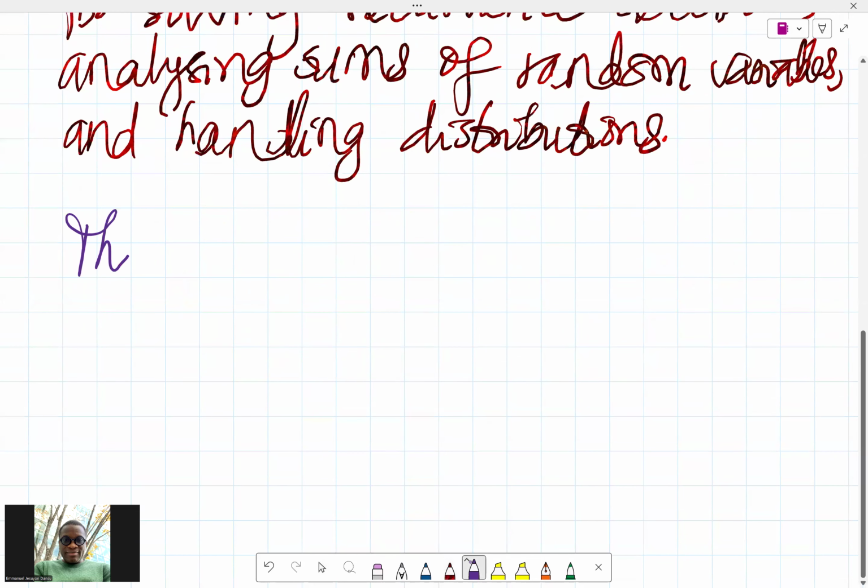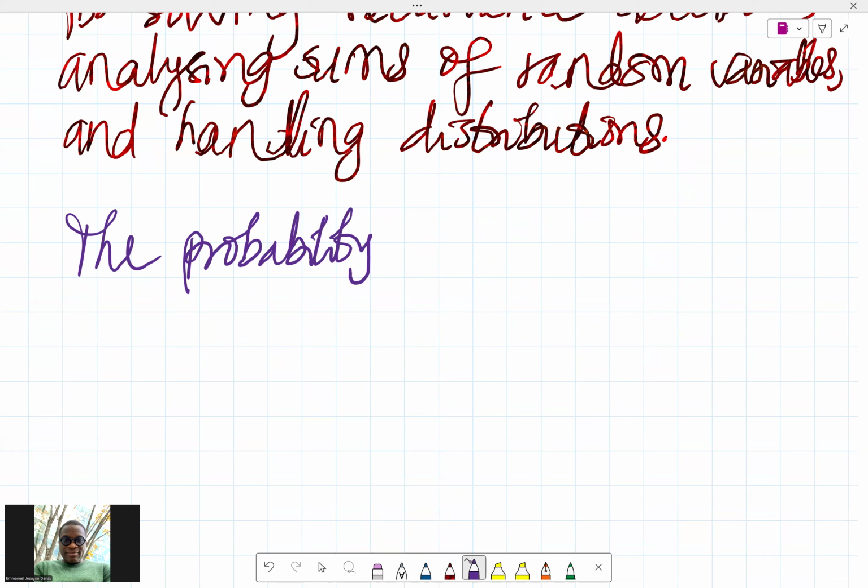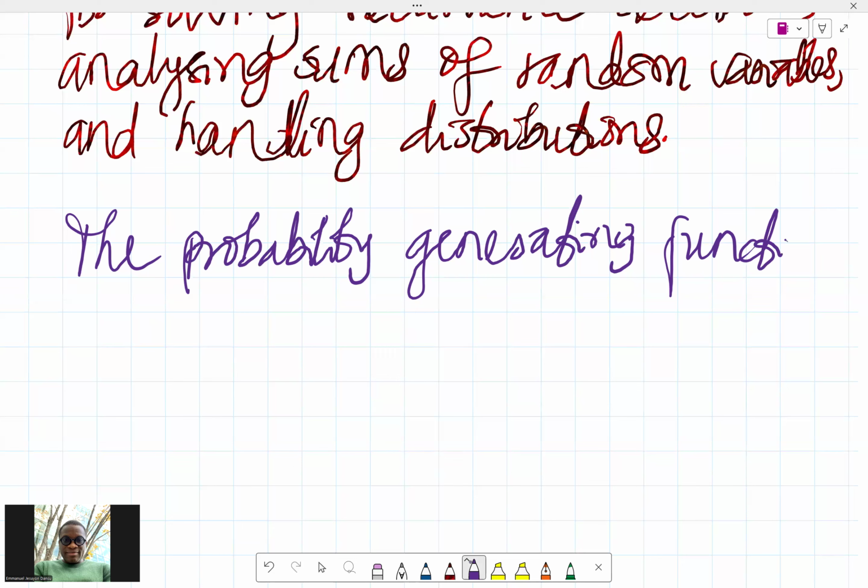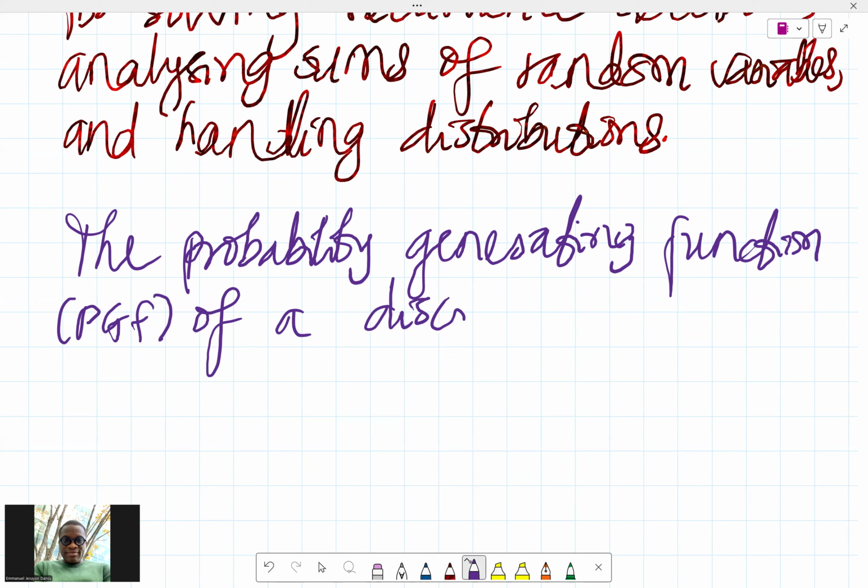So again, the probability generating function. Our focus now is on the mathematics side of this. The probability generating function, PGF for short, of a discrete random variable.